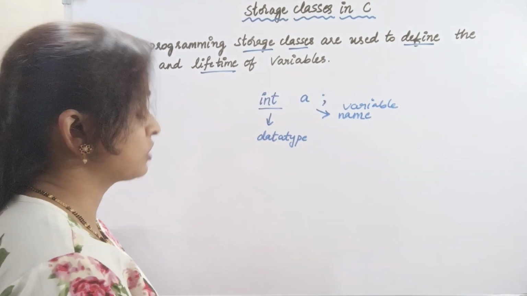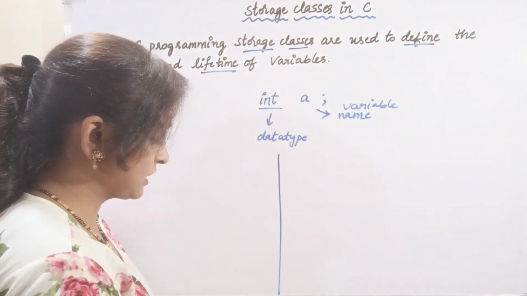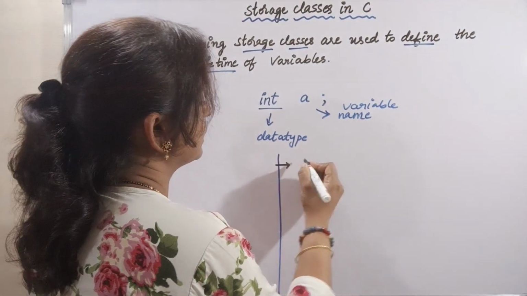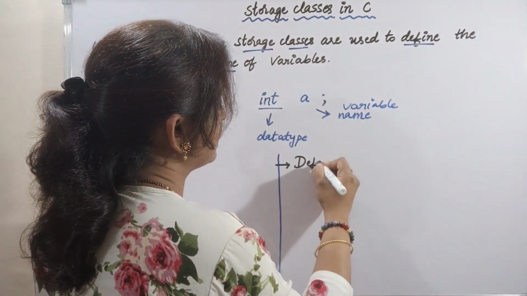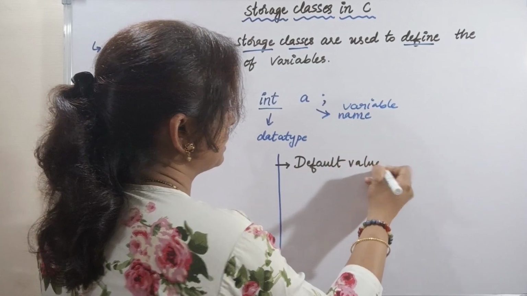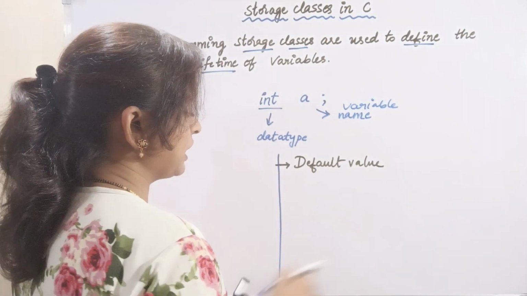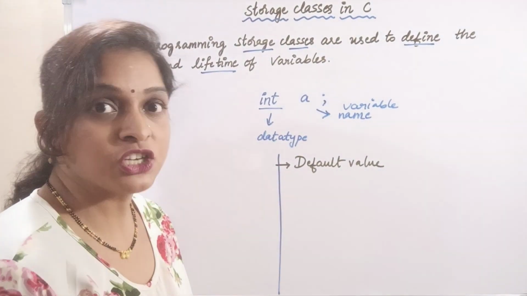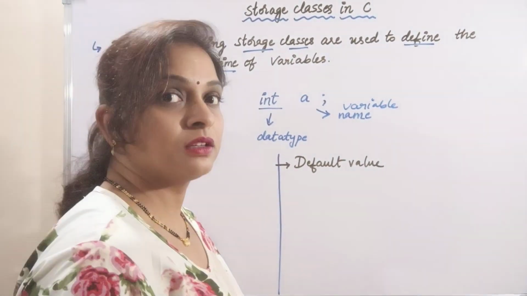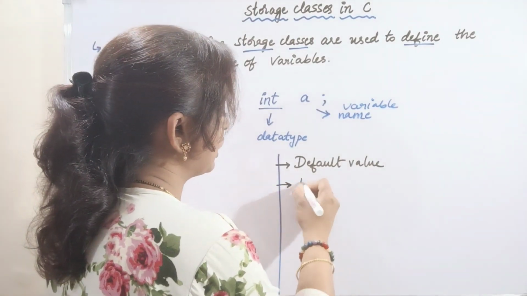So here we need to consider four major things. One is, with respect to a variable, we have to think about the default value that a variable can store. Followed by that, we have to think about the location, that is where we can store. Not we, the machine is going to decide where it is going to store, that is location.